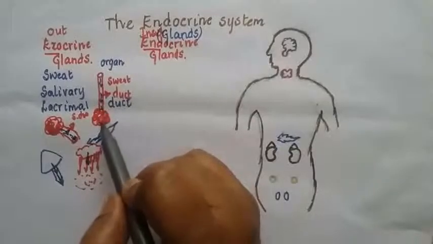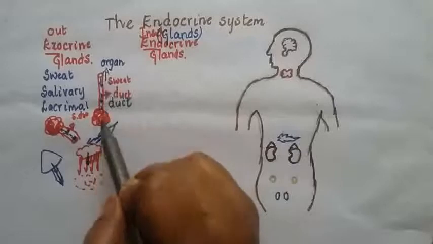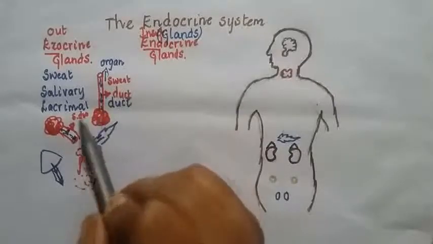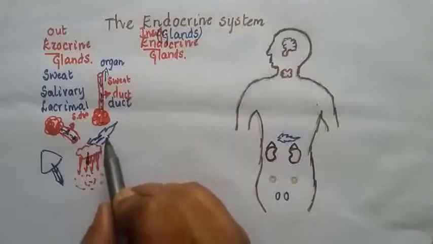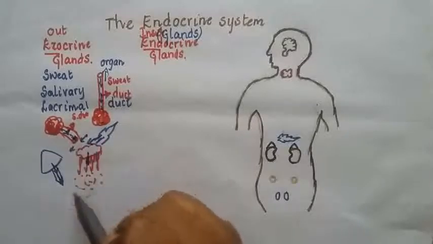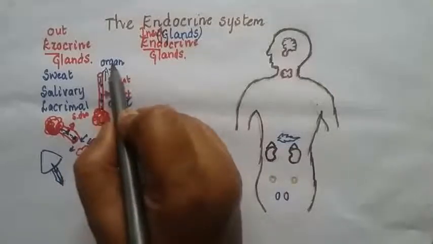So, for the sweat gland, the organ is the epidermis of the skin, which is very, very close to the gland. In the same way, the pancreas secretes the pancreatic juice into the duodenum, which is very close to the pancreas.